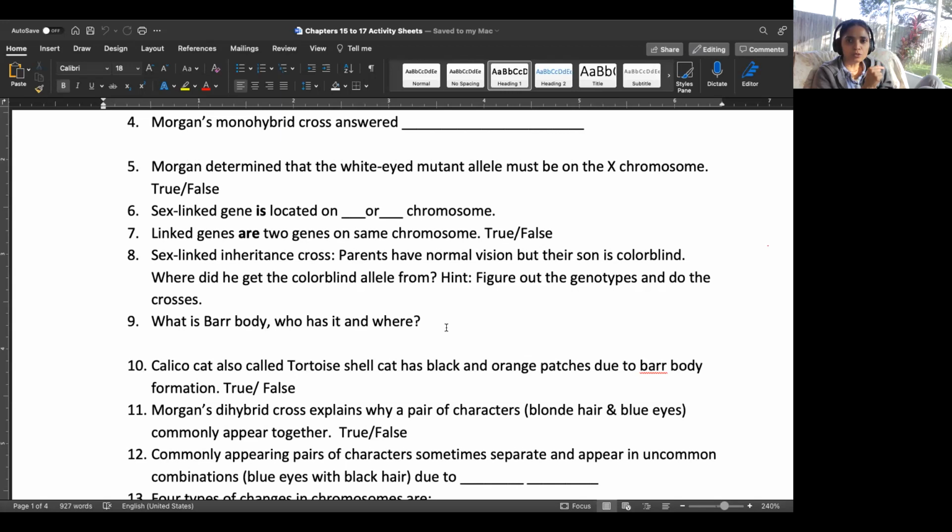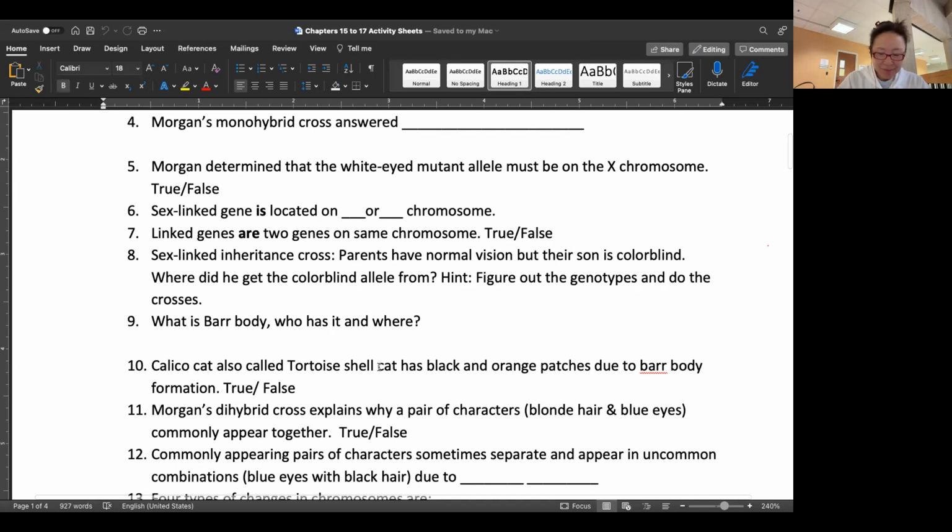Why did I say X chromosome here in case of color blindness? Because the normal vision gene has a mutated version, the color blind version, and it is on the X chromosome. And a son gets it from the mother, so the mother has given it. Yes, you're right. It's sex-linked.